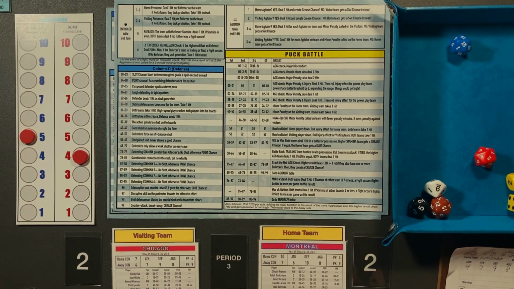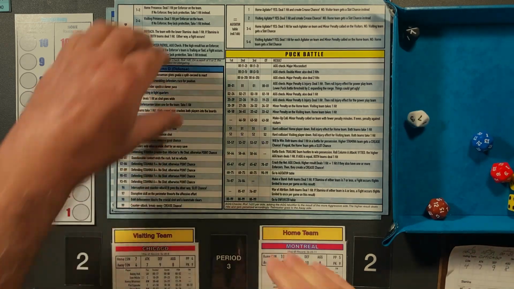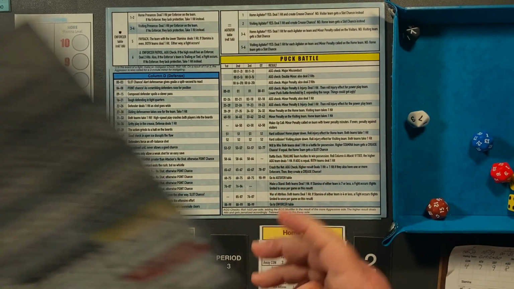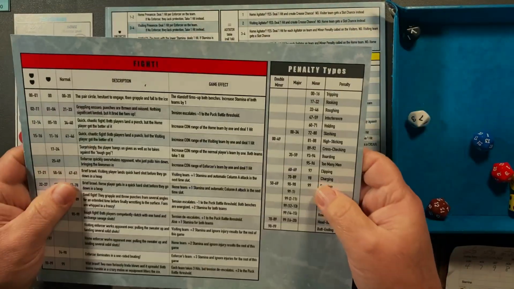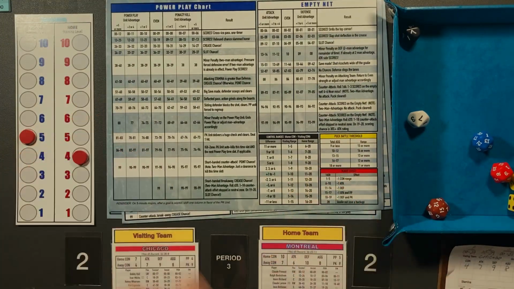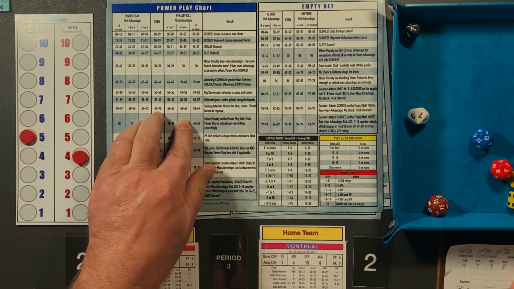With 1:13 left in the game. Let's see what he was called for. 77. 77's going to be slashing. And again, we're reading from this line here.